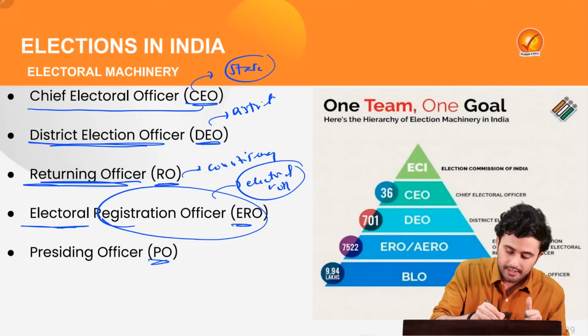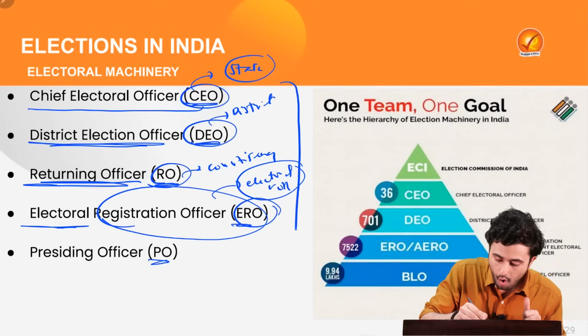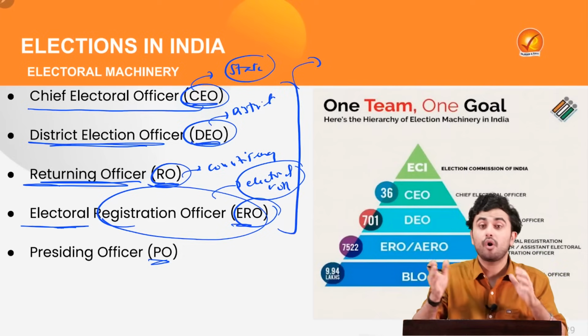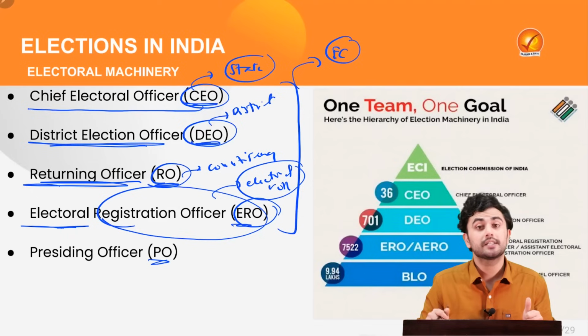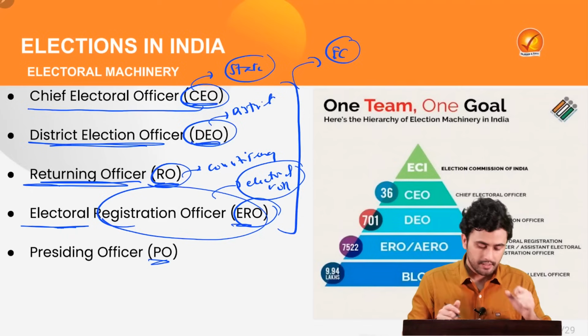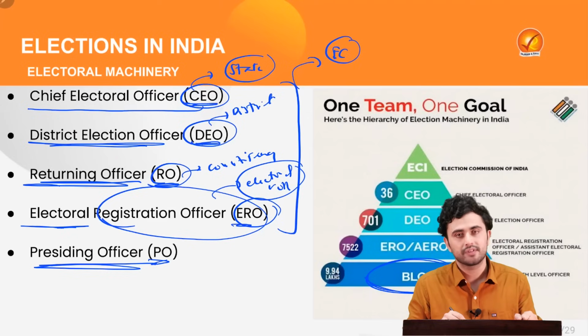Keep this in mind that this CEO, DO, RO and ERO, all of these are appointed or nominated by the Election Commission itself. Then there is a presiding officer or a booth level officer.